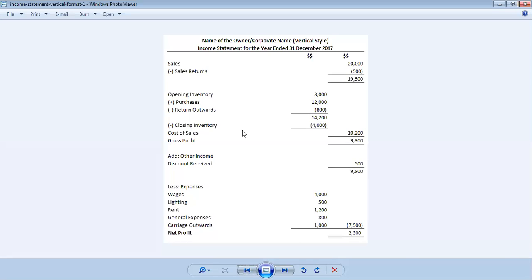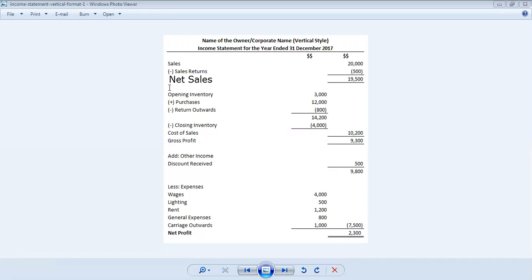All right, so I'm going to add something here. This section right here is called net sales. Then the next heading that will come afterwards is cost of goods sold.